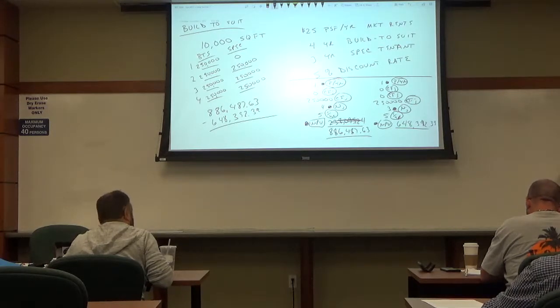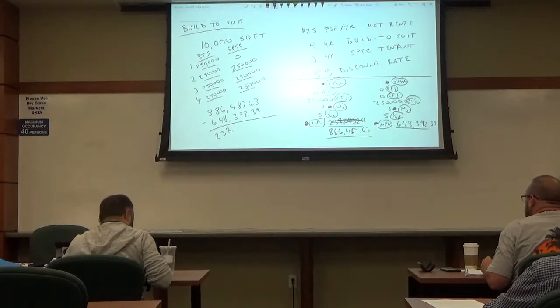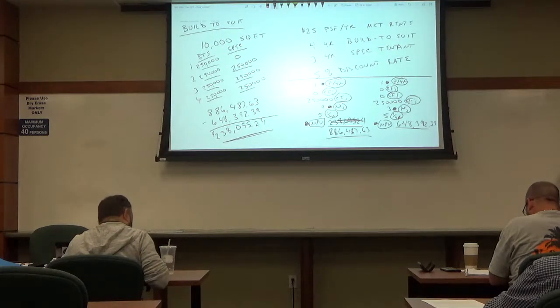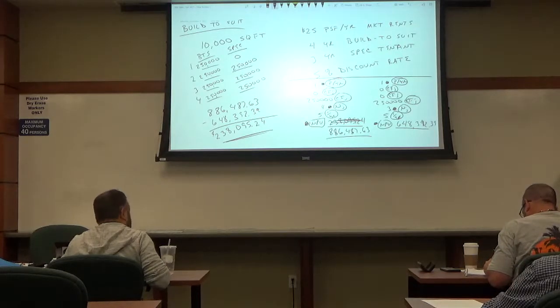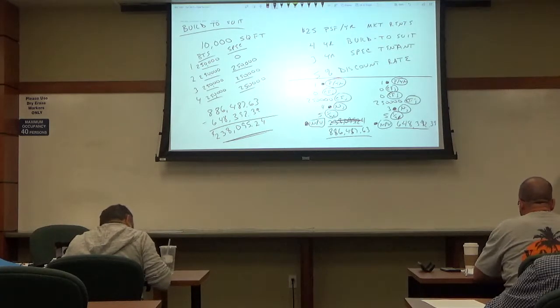Okay, so roughly 238,095.24 of an absolute difference in the discounted value between the two. Does everybody see that? Does that mean that's the discount that they can get? Well, that's the dollar value of the present value of the discount.